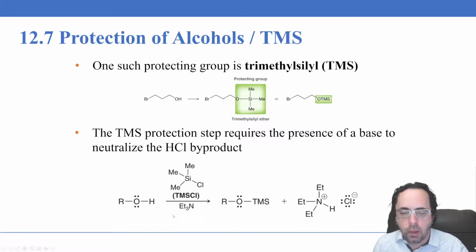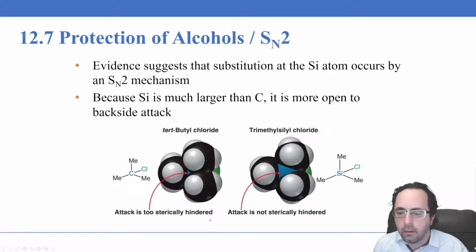Triethylamine. And so that's going to replace the hydrogen here with this TMS group, this trimethylsilyl group. And we'll get the triethylammonium ion and chloride. It's going to take the proton, it's going to put it on the nitrogen. So the point of the nitrogen is to grab the proton. It's a base.